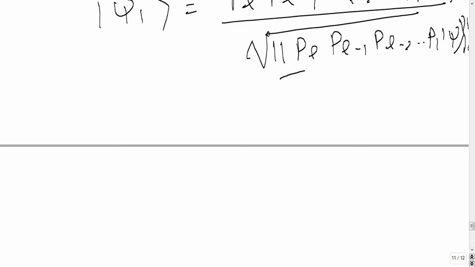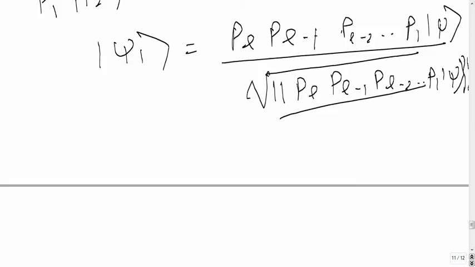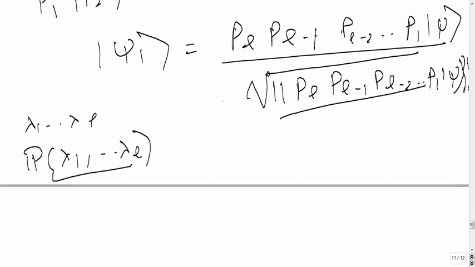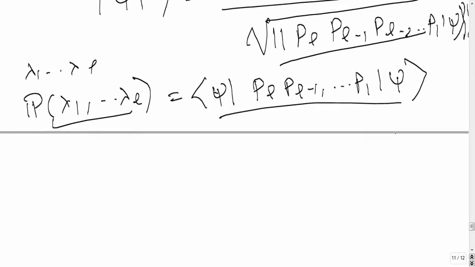The probability of obtaining this L-fold result, lambda_1 up to lambda_L, simultaneously would be given by the norm of P_L up to P_1 psi, squared.